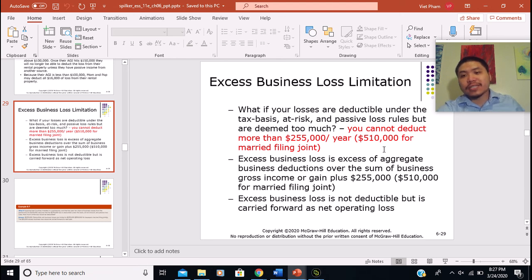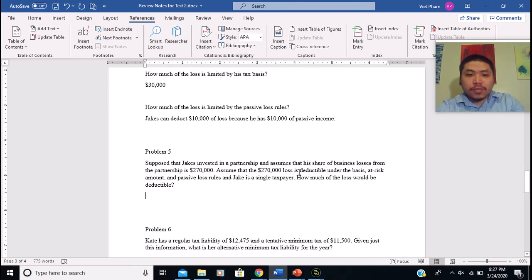is $10,000. Right. So because of this limitation, Jake cannot deduct the whole $270,000, right? Even though he already passed all of the 3 hurdles, right? But still, that's another limitation.